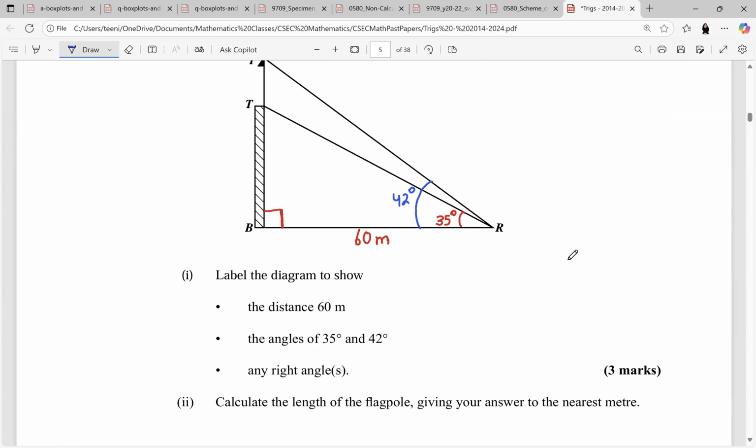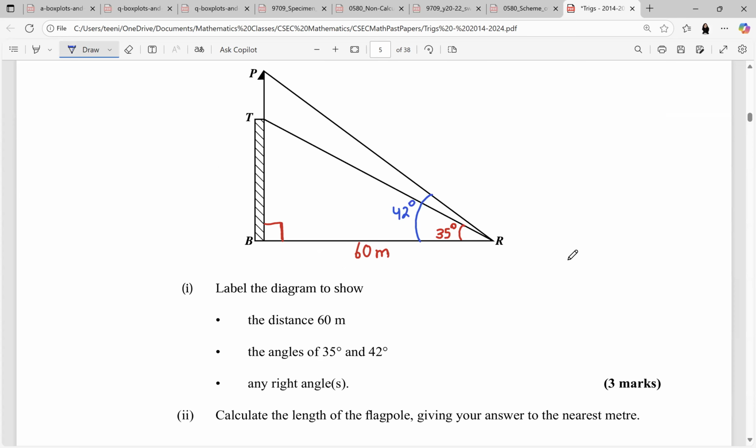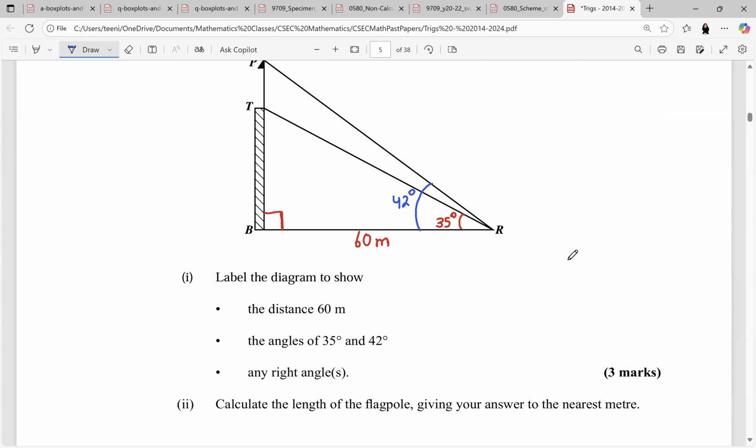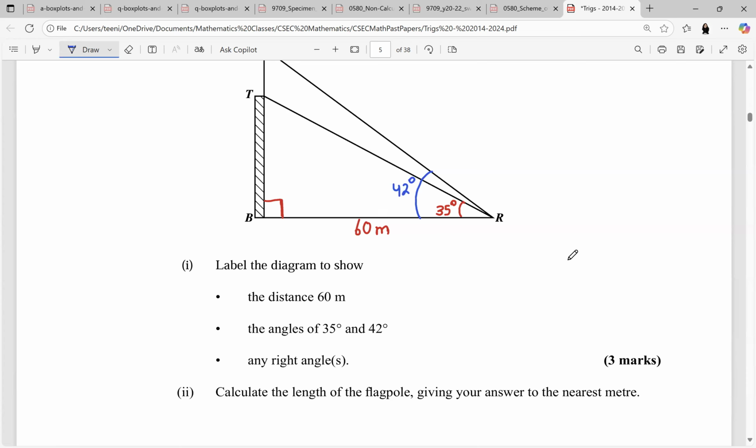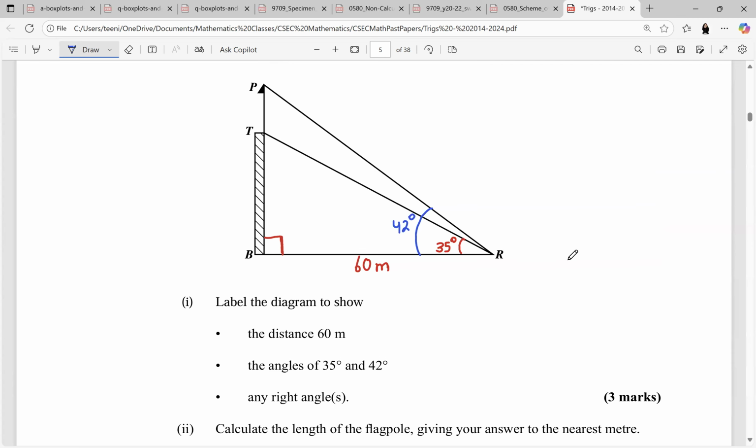So I use tan. It's 60 by tan 35 degrees, and I get 60 by 0.7002 equals 42 meters, right?